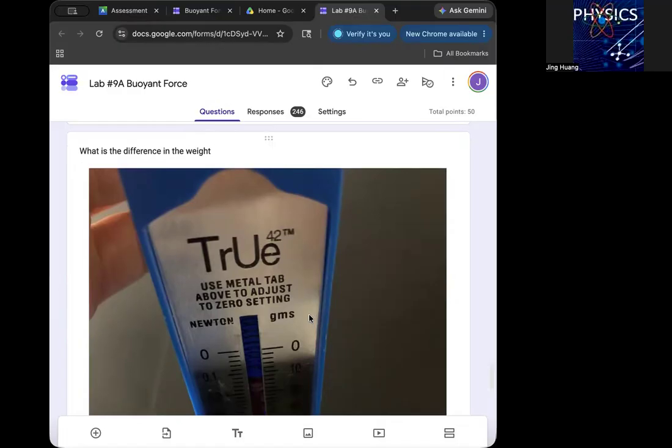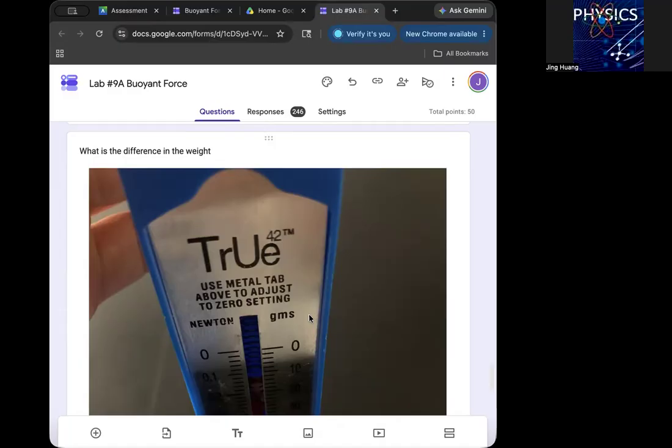One is for the object in the air. The other is for the object in water. By solving those equations, we can figure out what? Guess. The density of the liquid and the density of the object. In this case, we use water, so we can actually find the water density as a constant.